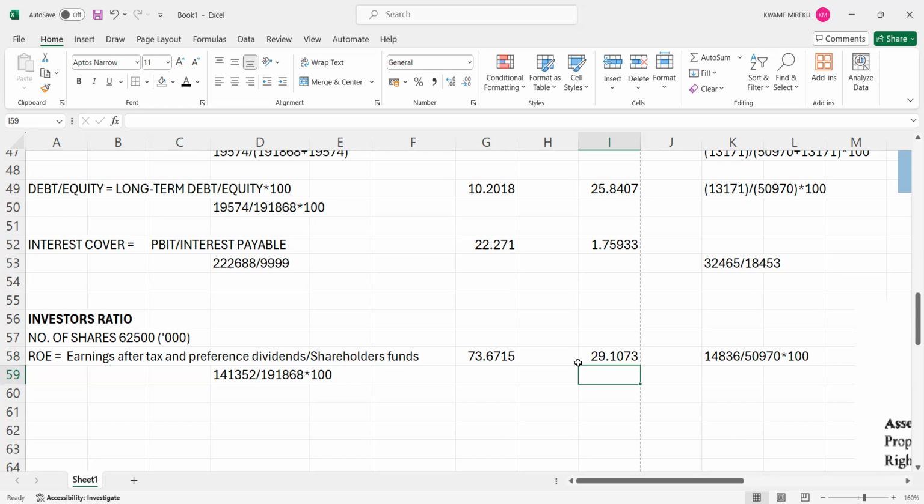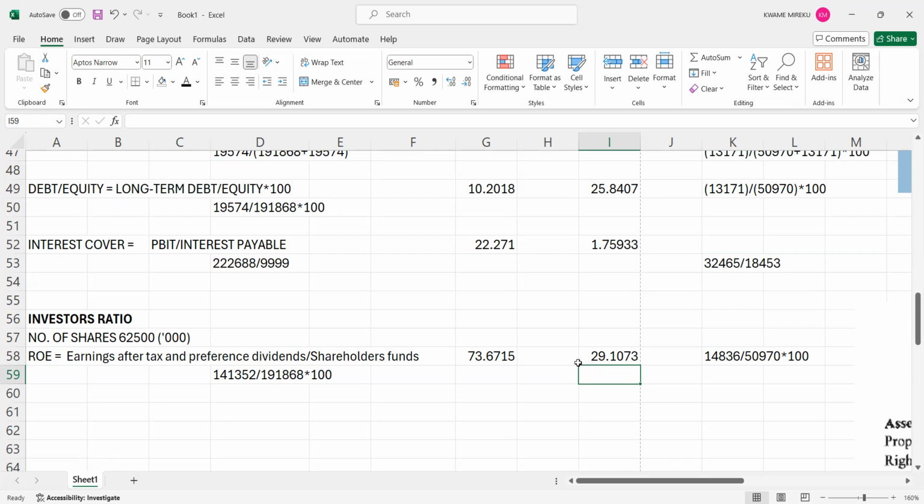So in 2022, we made a return of 29%. Looking at the owner's contribution to the business, the amount of funds invested by the owners, we attracted a return of 29%. But fast forward to 2023, the return on the owner's investment is 73.67%.